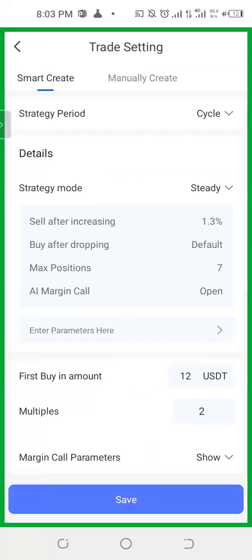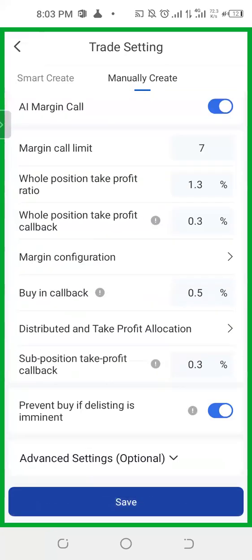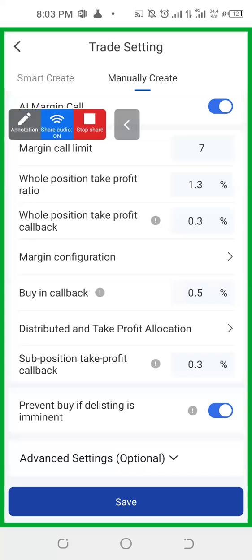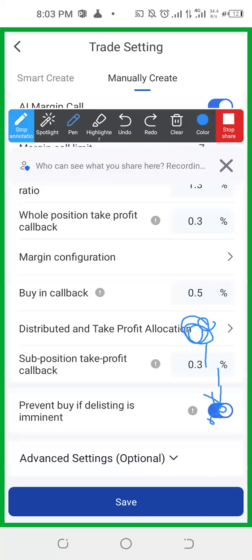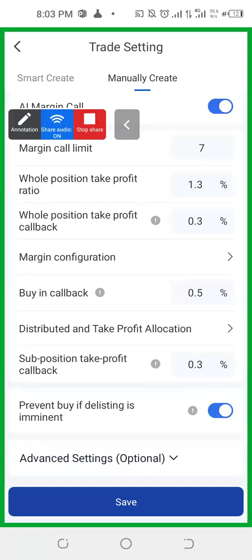Let me show us. Once we enter a coin, at the bottom, they have already put it by default, it's already on. If a coin is about to be delisted, they will not allow your bot to buy.